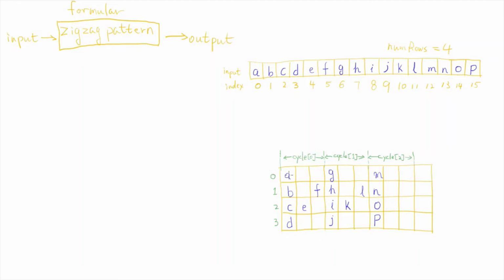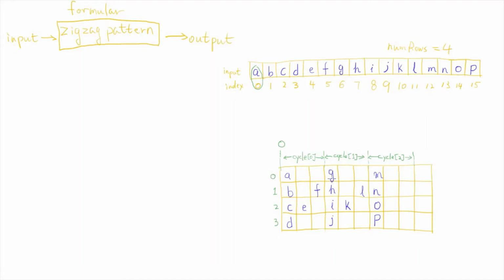The first character in the first cycle is the character A, corresponding to the character A at position 0 in the input string. So our starting point of the first cycle is 0.